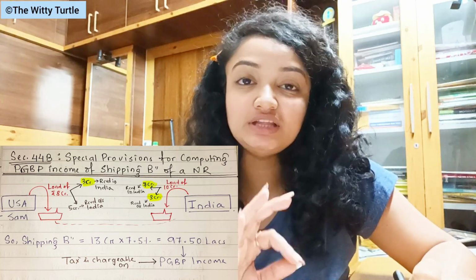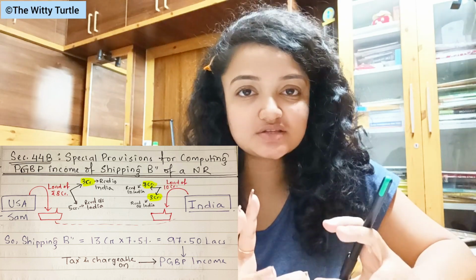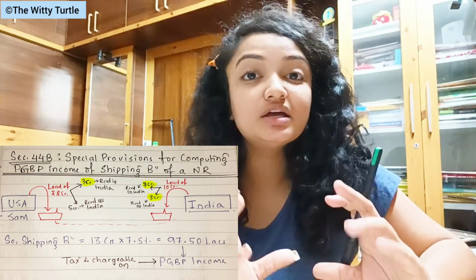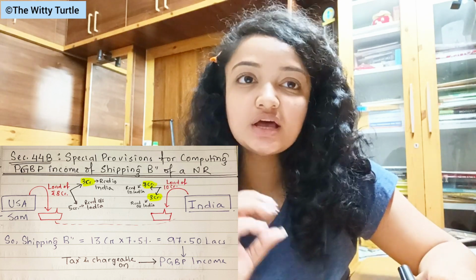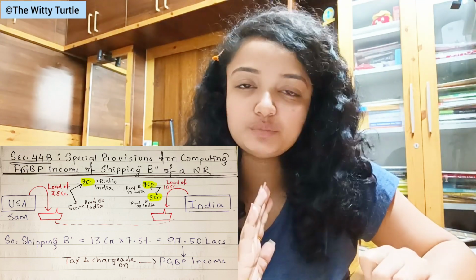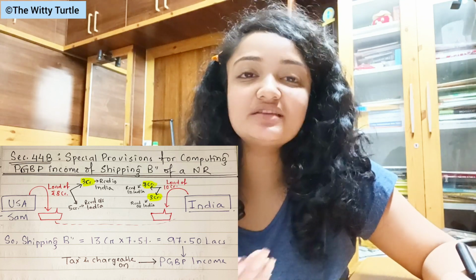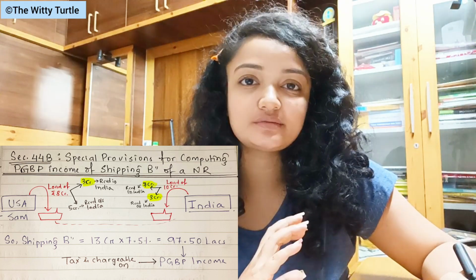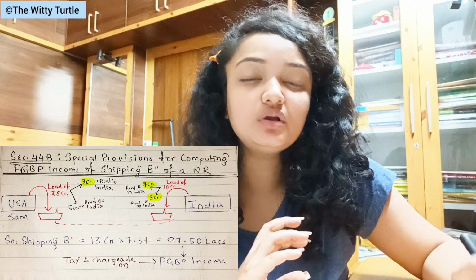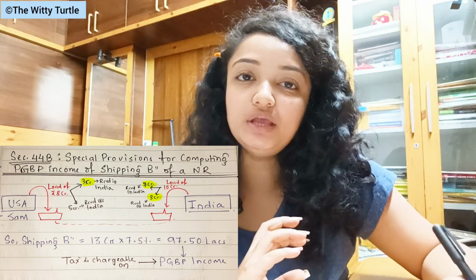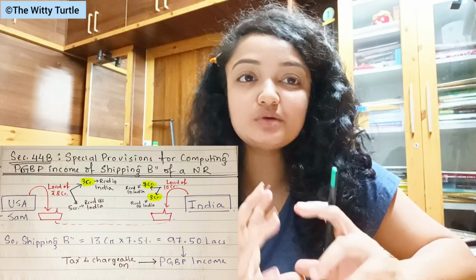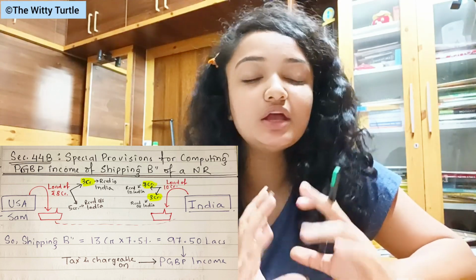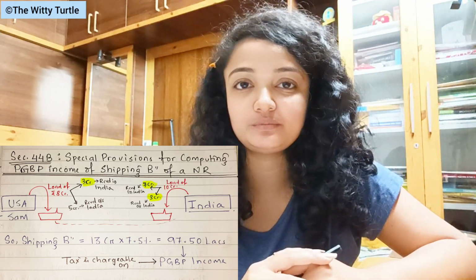A total of 13 crores will be considered as your total turnover, and your PGBP income of the shipping business will be how much? 13 crores multiplied with 7.5%, which comes to 97.5 lakhs. That amount is known as your PGBP income, right? I hope this is clear. This is the simplest, or you can say the easiest way to understand this particular section.